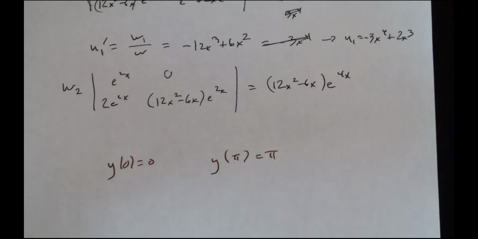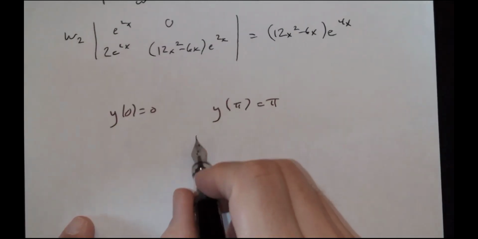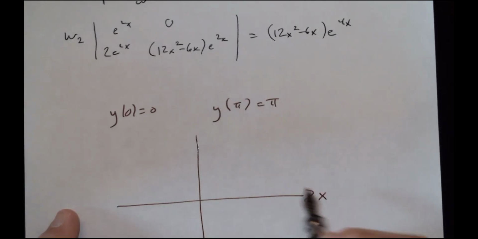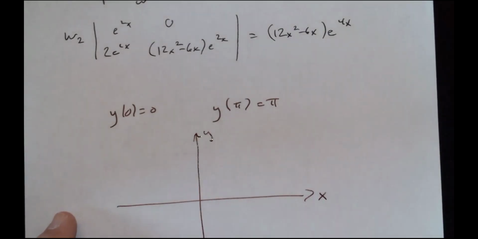Crap. This means that any oscillating function is going to go through both those points. Because if we think about this, this is a graph, right? You got some equation.